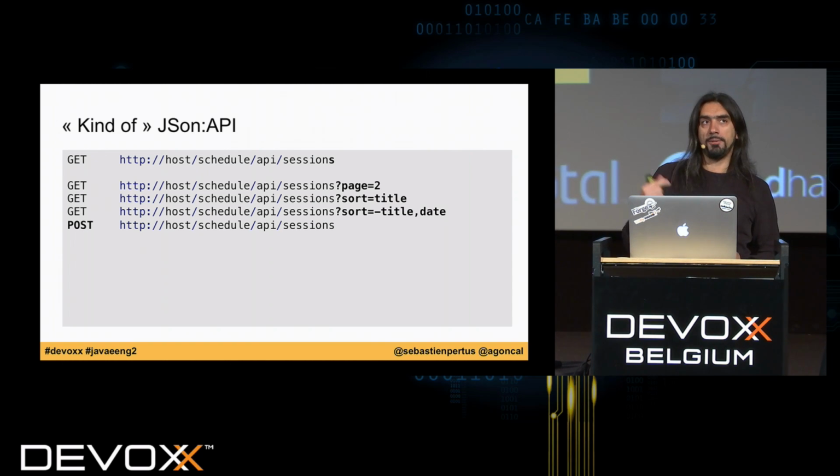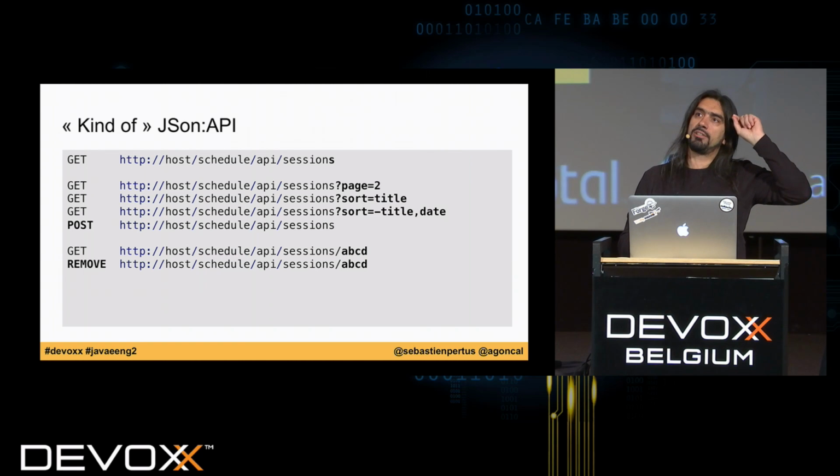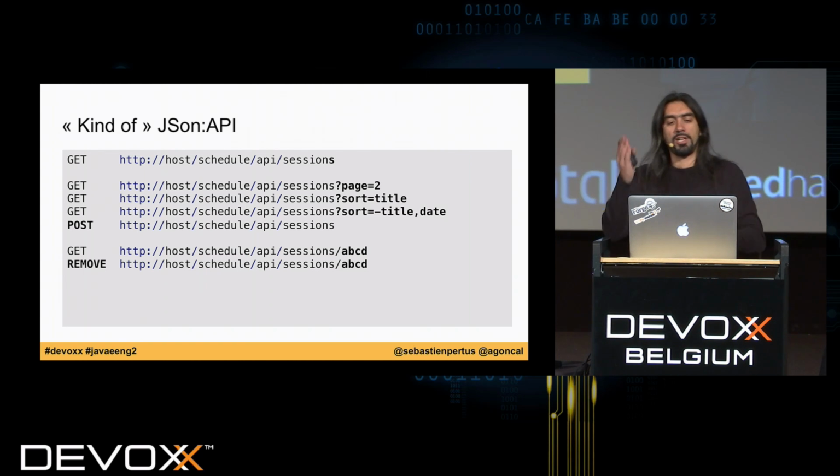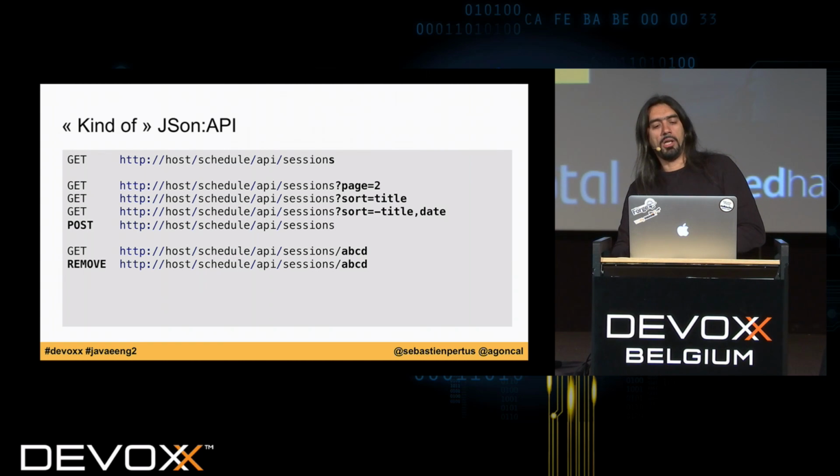So that's what we did. If you want to create a new session or a new attendee or a new talk, well, you do a post on sessions with an S. Then if you want to get only the description for one session, you go sessions with an S slash and the ID. So you can do a get, you can do a remove, and so on.